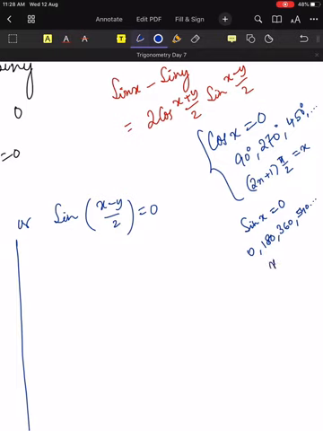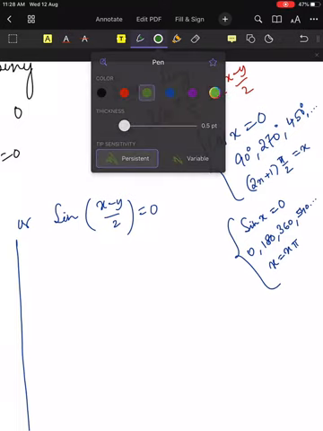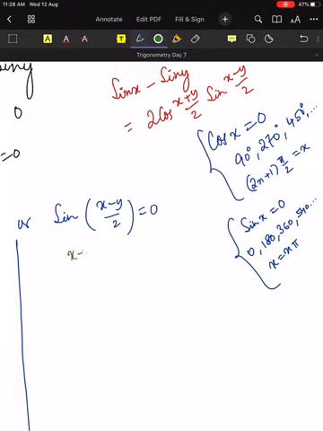So for this case, I can say that x is equal to n pi. So here I can say (x minus y)/2 is equal to n pi. So this becomes x minus y is equal to 2n pi. Therefore x is equal to 2n pi plus y. Clear, everyone? So this is what I get.